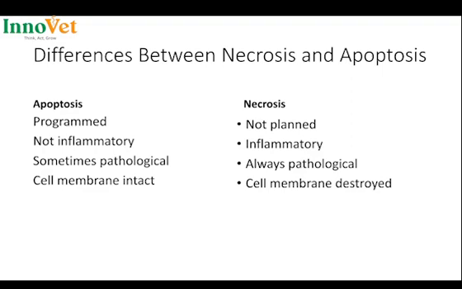So now, a brief overview of the differences between apoptosis and necrosis. We've seen that apoptosis is programmed. It is programmed cell death. But necrosis is not planned.